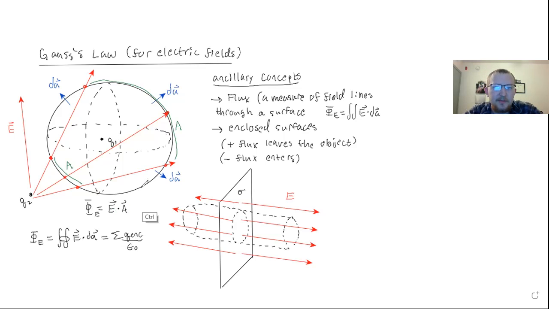So Gauss's law is a pretty clever invention. And in written form, it's this right here. And it states that the electric flux through an enclosed surface is equal to the charge enclosed, Q enclosed, so charges inside the surface, divided by a constant, the permittivity of free space.